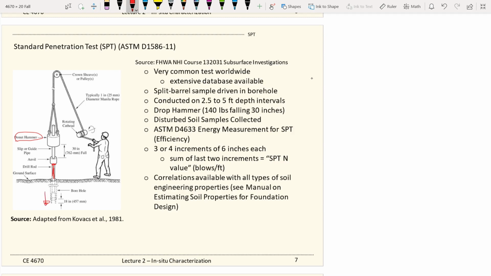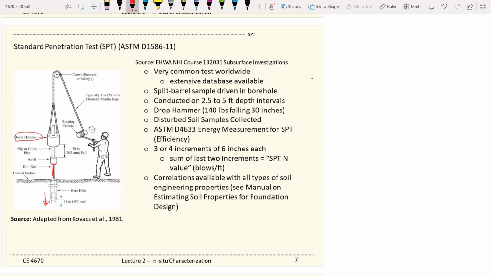We keep track of how many drops it takes to advance a certain interval, 18 inches, and that gives us the N value, which is the number of drops to advance 18 inches. That is the basic concept of SPT testing.